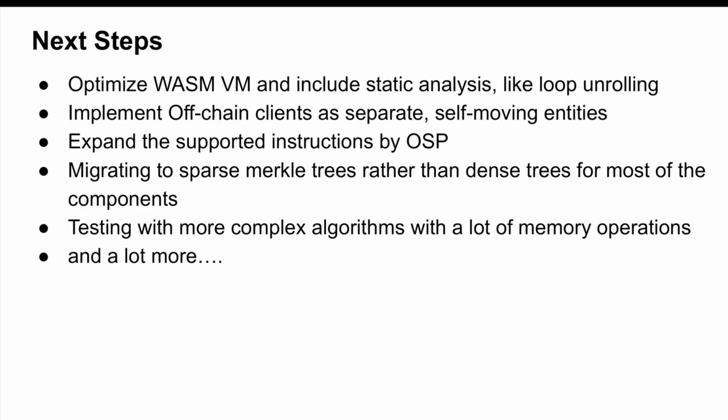Also migrating to sparse Merkle trees rather than dense trees for most of the components. Right now we have dense Merkle trees in order to limit the size of the Merkle trees, but it's not the way to go because they should be able to grow, you know. And also we need to test it with more complex algorithms and with a lot of memory operations, and see a lot more.